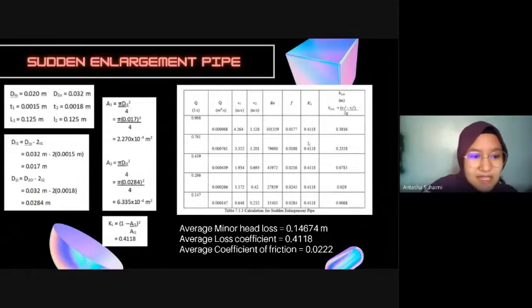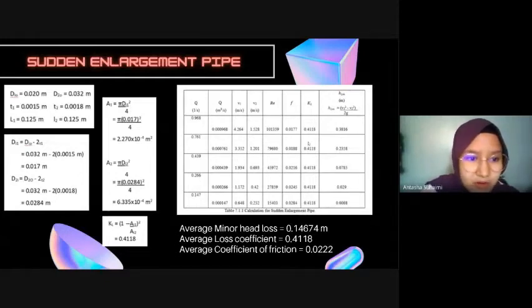To calculate the inner diameter, we have to take the outer diameter minus 2 times the thickness of the pipe. So the inner diameter for the first pipe is 0.017 and the second is 0.0284.